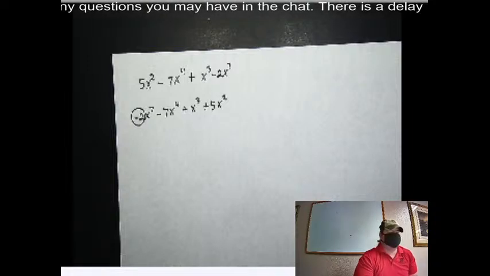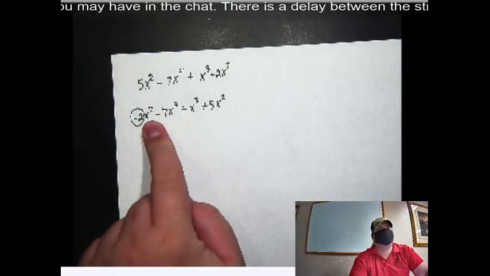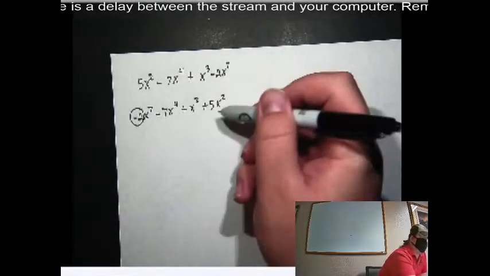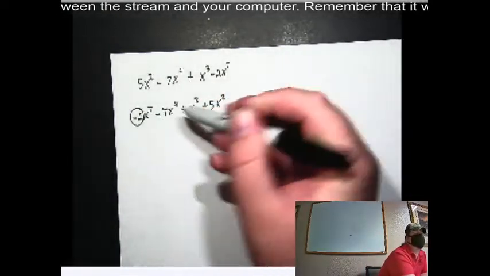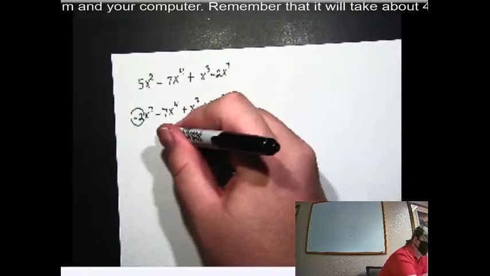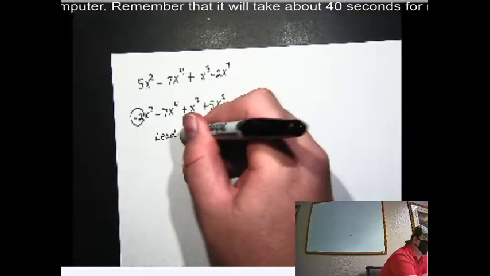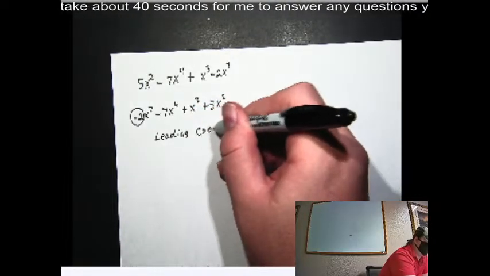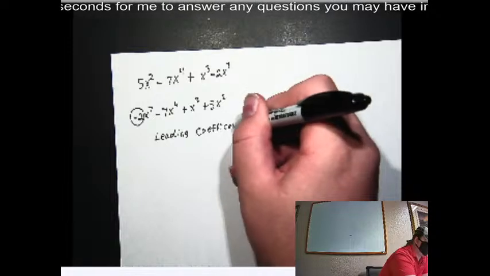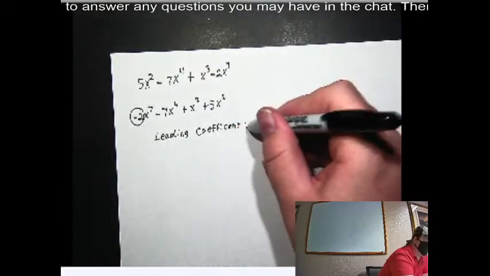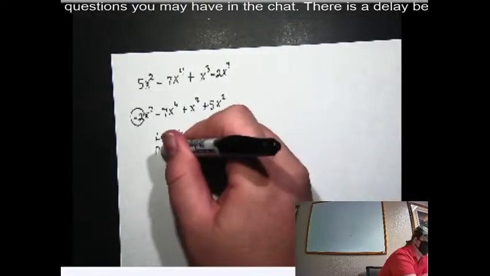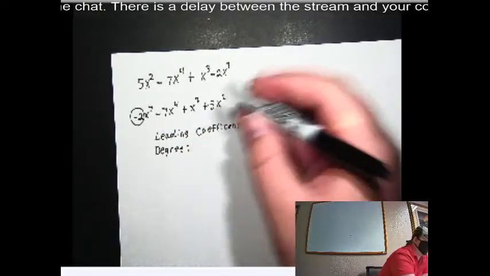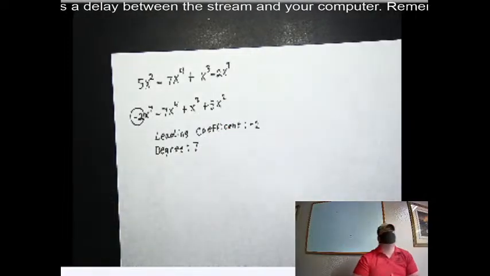And when we're talking about polynomials, the coefficient that goes along with this power, or this degree, is called our leading coefficient, because it is literally the one leading the entire polynomial. It's out in front. Okay?